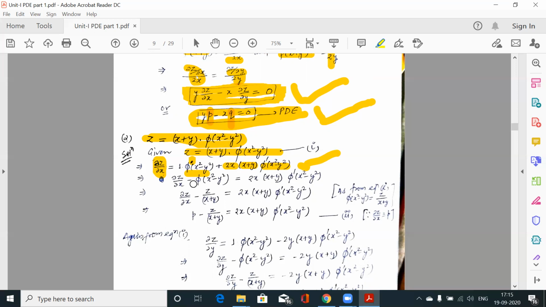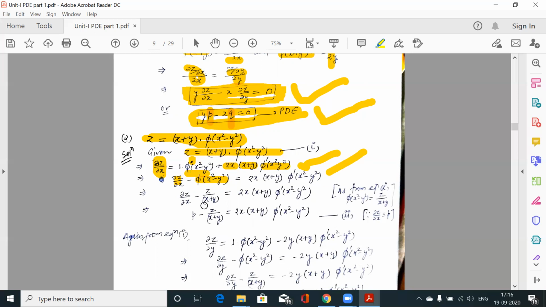Next, this is something you can do at a later stage, but we are doing it currently. We are not yet trying to eliminate this. We are finding the value of del z over del x minus this term phi of x square minus y square. We are keeping this on the left hand side, so this would be of negative sign. Del z over del x minus phi of x square minus y square is equal to 2x times x plus y times phi dash.